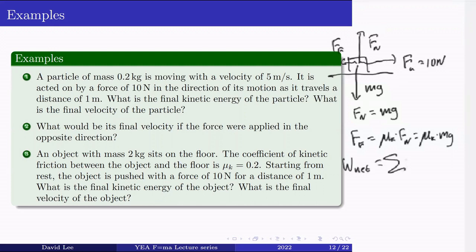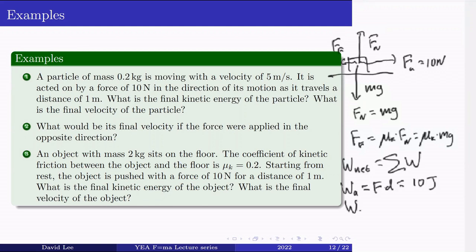It's going to be the sum of all works from all of the forces. So what's the work of our applied force? Well, we've done this before. It's just F times d. And this will be 10 joules.